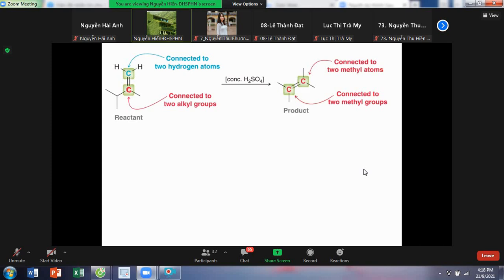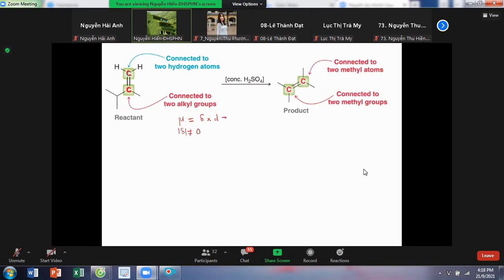The red carbon is bonded to 2 alkyl groups, and the blue one is bonded to hydrogen. So these 2 carbons will be different in terms of electronic environment. And if you remember, molecular dipole moment depends on the charge on each carbon and the distance between these 2 charges. Because these two carbons are different, the charge will be different from 0.